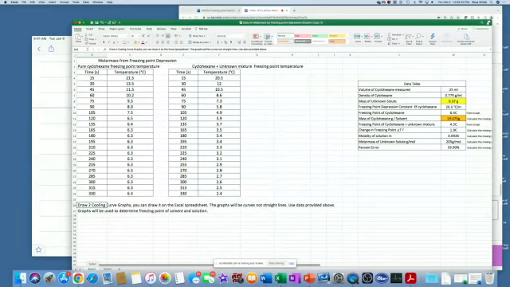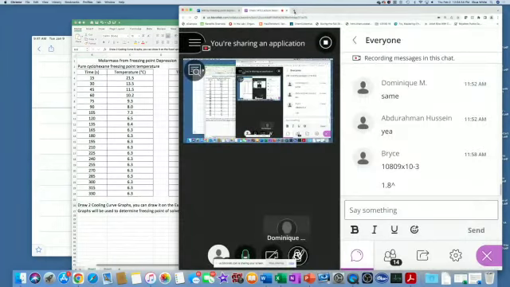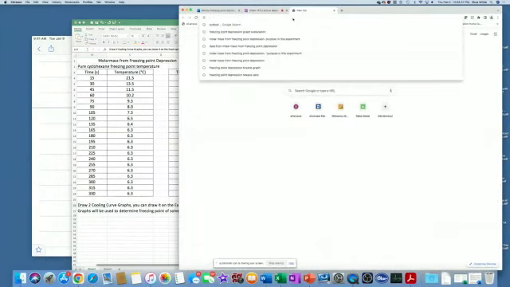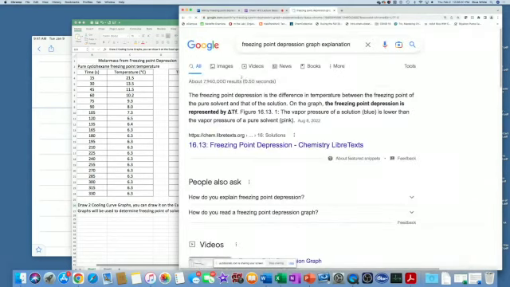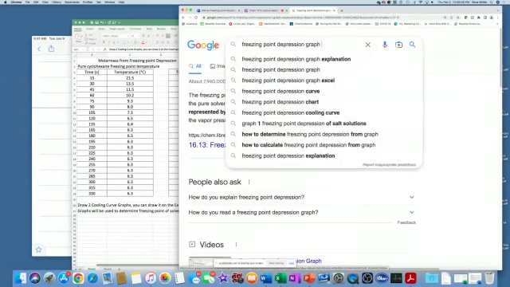So let me give you an example, since what I did was average, maybe even below average. Let me show you the graph for its explanation.